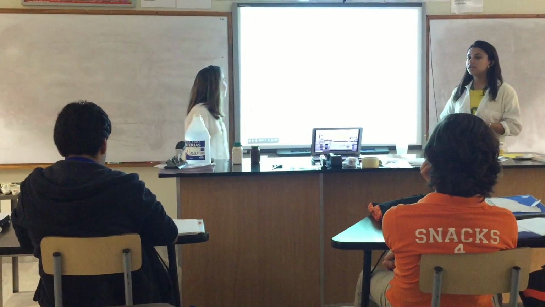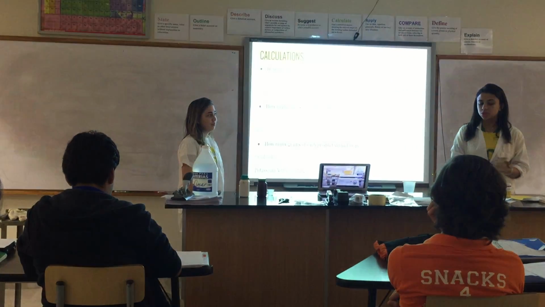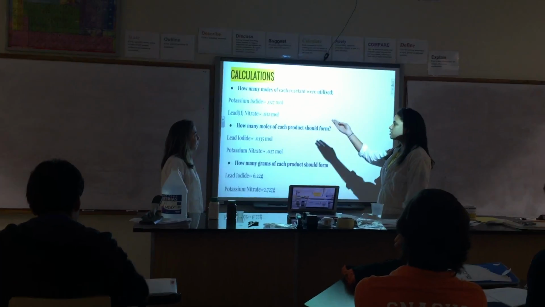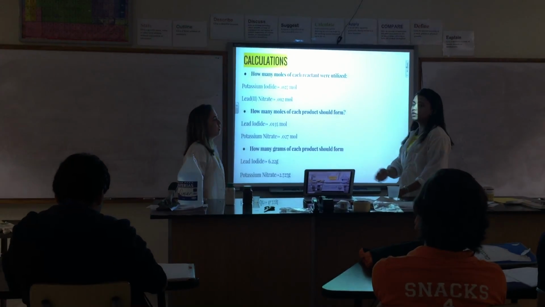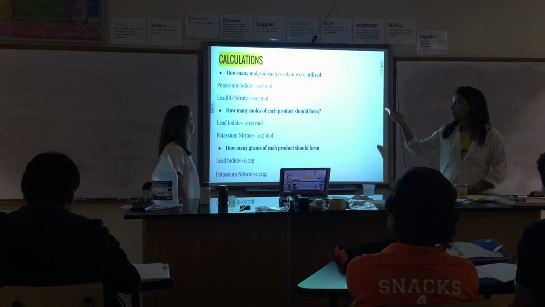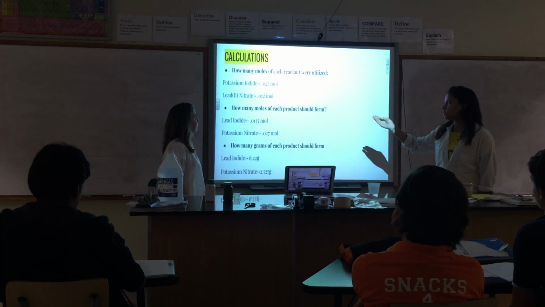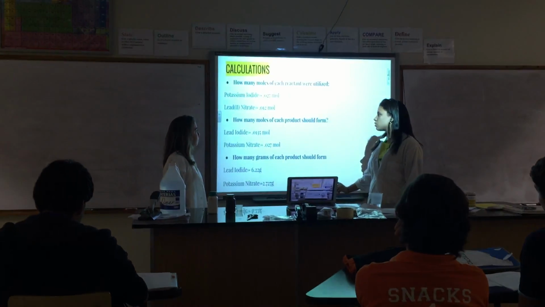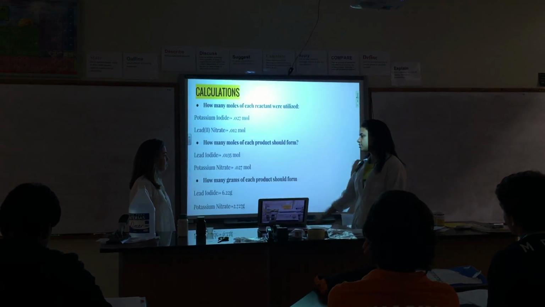This was for our stoichiometry unit, and here is the process in which we had to figure out how many moles of each reactant were utilized. Our calculations resulted in 0.27 moles of potassium iodide and 0.012 moles of lead nitrate.